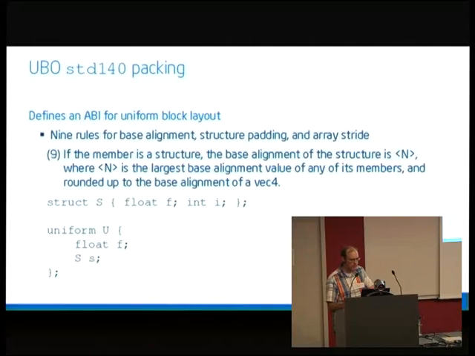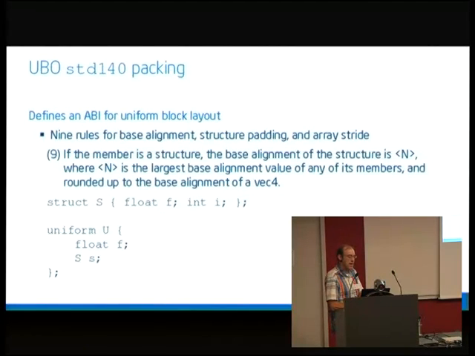So, just looking quickly at one of the examples. You have a structure that has a float and an int. You have a UBO that has a float and then an instance of that structure in it. Rule 9 says, blah, blah, blah, the base alignment of the structure is whatever the largest base alignment is of one of the members.